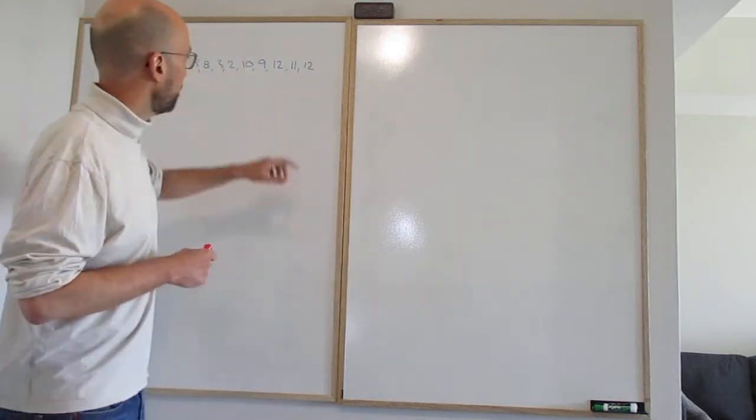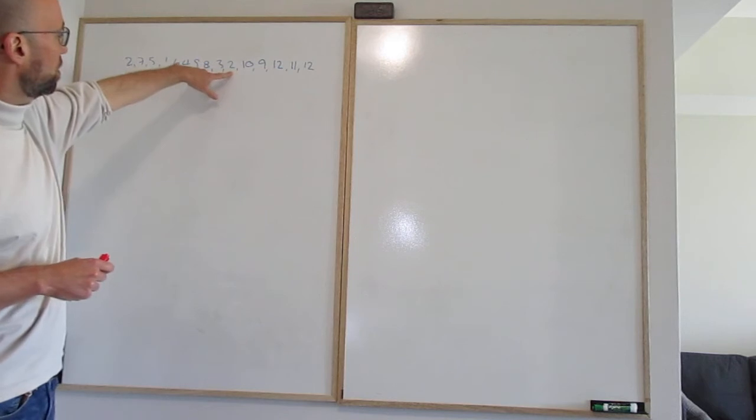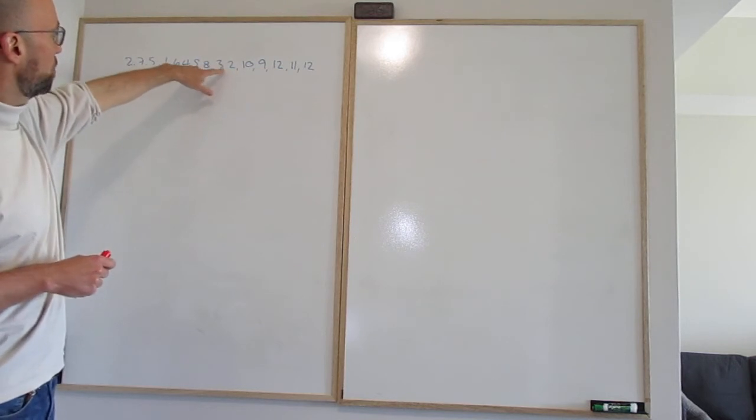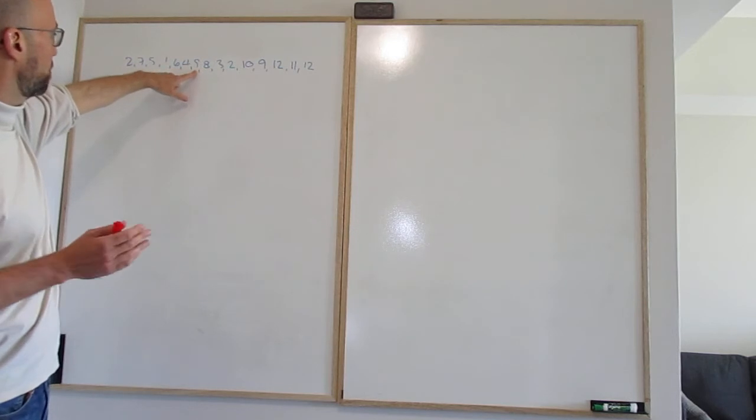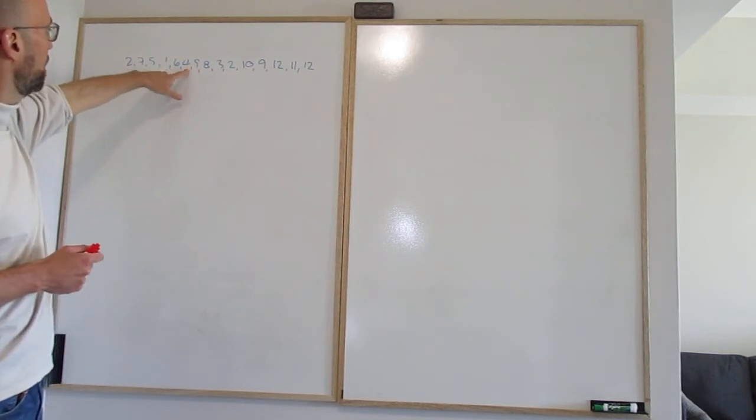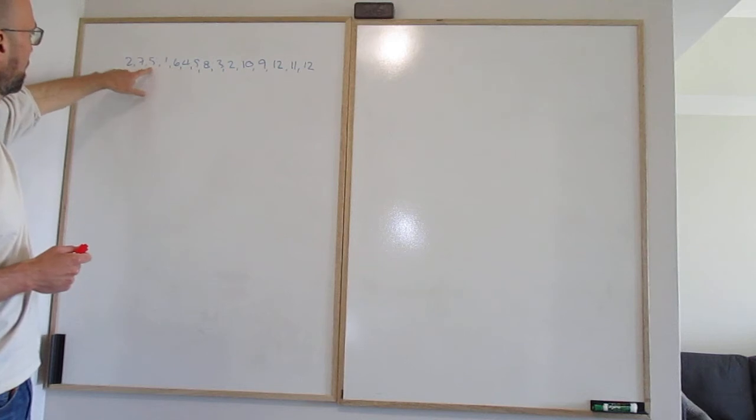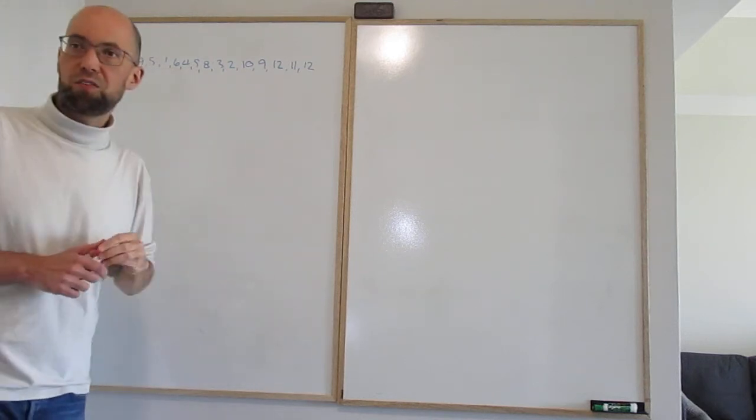But you could ask, what's the longest subsequence that ends here? And here? Here, it's no use because this isn't smaller. So here, here, here, and so on, going backwards.